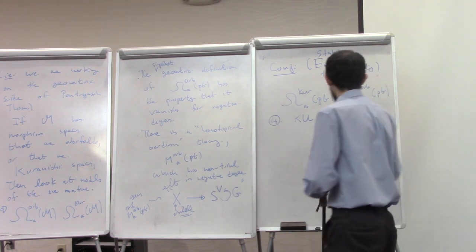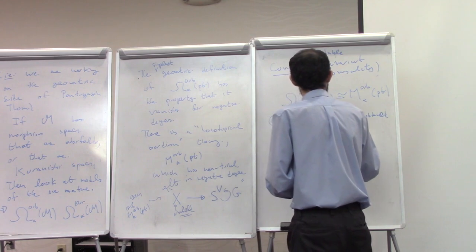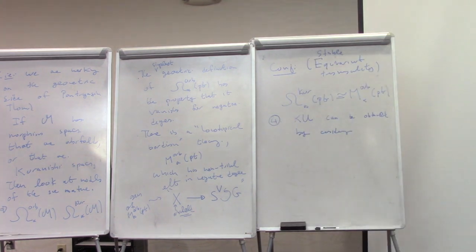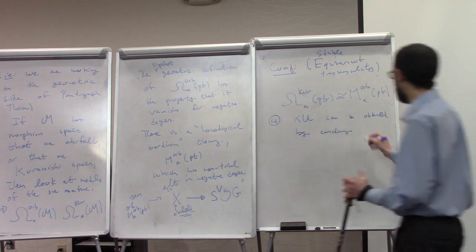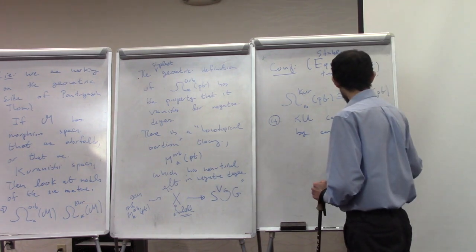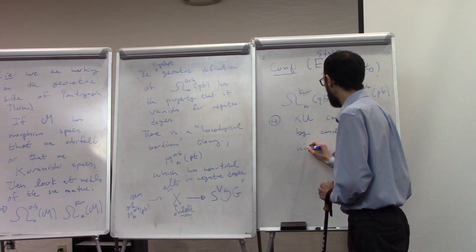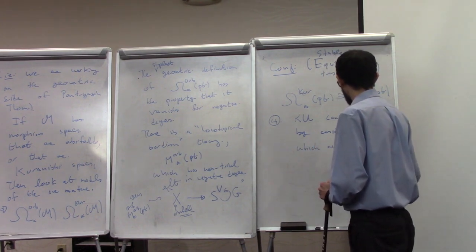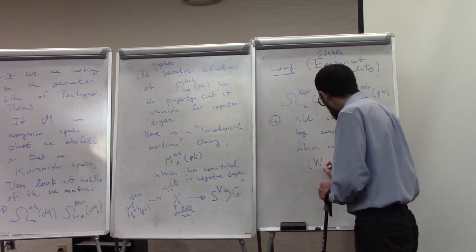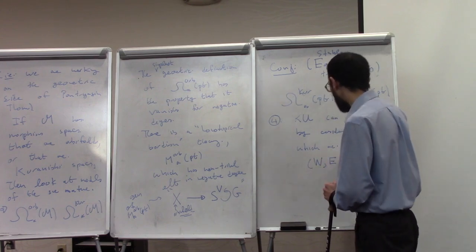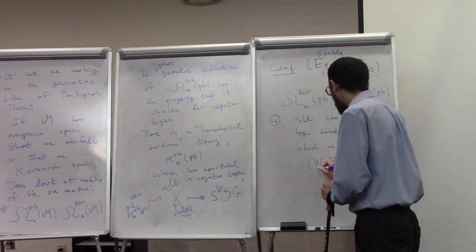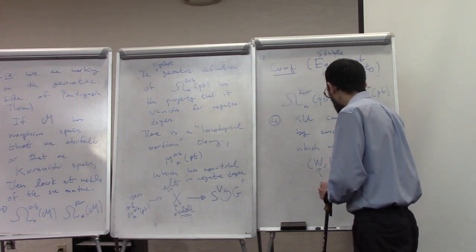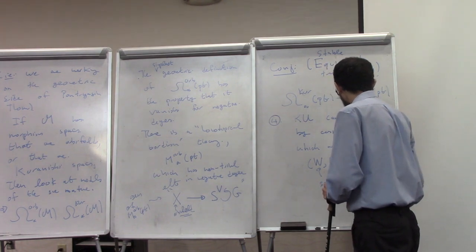The homology version of it is obtained by considering, instead of these W's being just manifolds, pairs W, E. I will skip one more piece of data you need, but anyway, W is now a spin-C manifold, and E is a complex vector bundle.